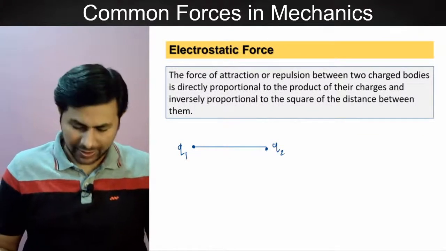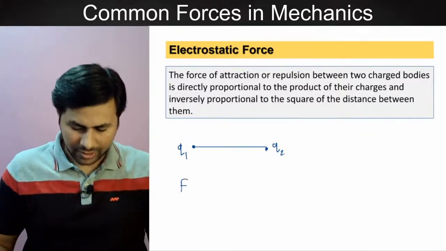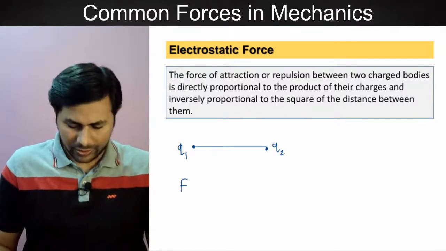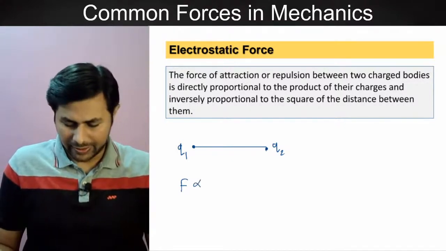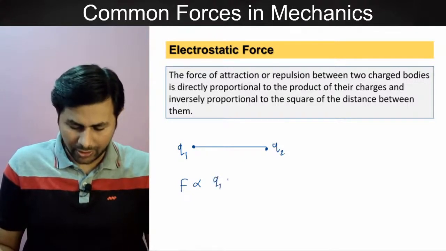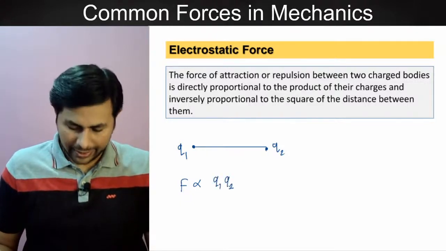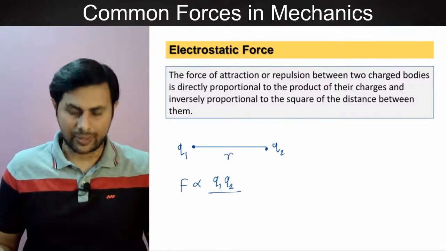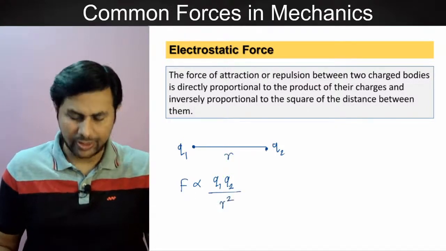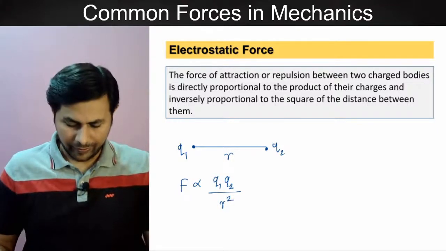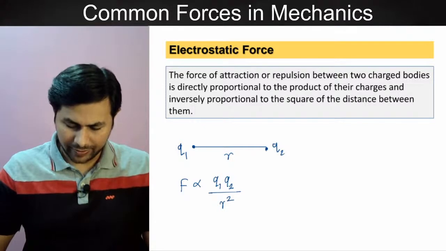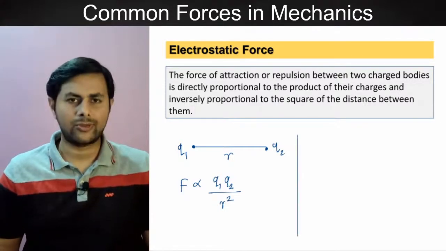So the electrostatic force can be written as what? Let's write it like this. It's directly proportional to the product of two charges, and it is inversely proportional to r squared, the square of distance between them. The proportionality constant here is, suppose, k.